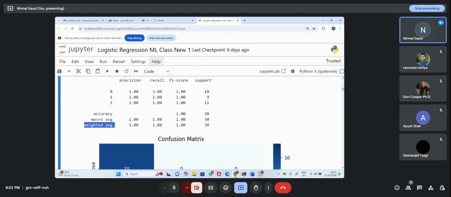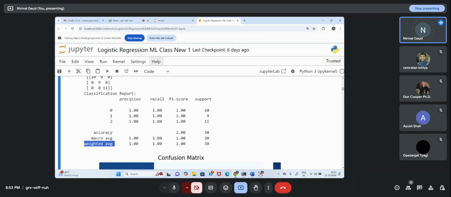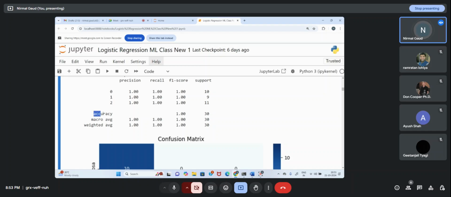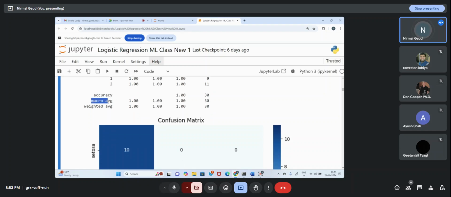What do macro average and weighted average mean? Because none of the people explain these things. I have explained precision, recall, F1 score, support is the total number of items for each class. Accuracy, I already explained.